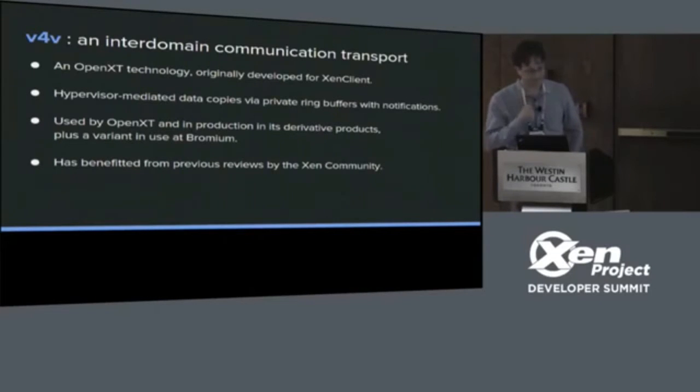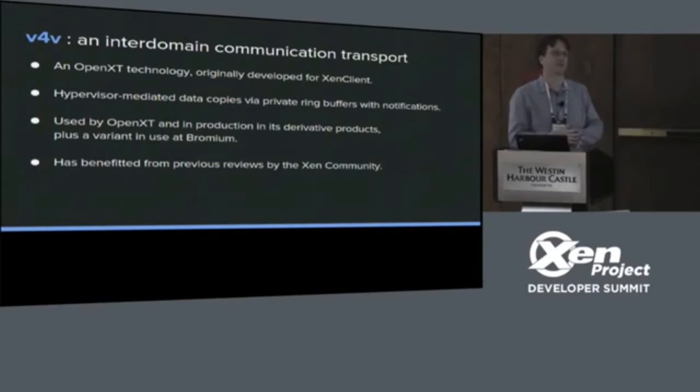Okay, the next thing I'm hoping to capture your interest with today is an interdomain communication protocol, V4V. It's been around for quite a number of years now. It was originally developed for XenClient. It has been reviewed by the Xen community previously, and we benefited from that.